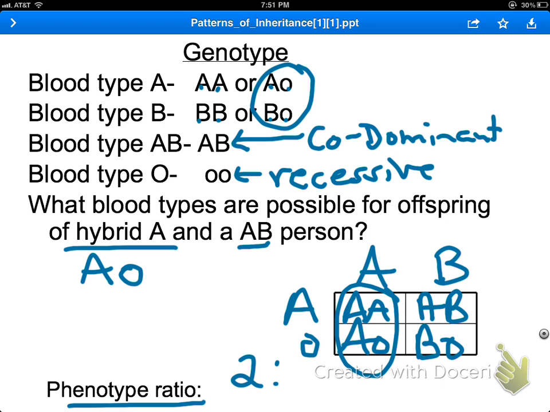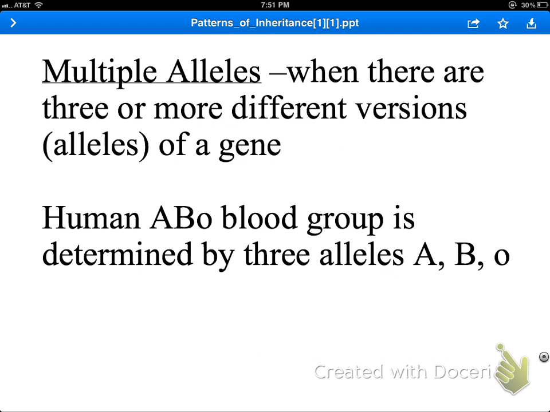If you look closely, both of these are designated as blood type A. I also have over here a blood type AB, so that comes in 1. And I have a blood type B down here, which would be a 1 as well. So the ratio here is 2 to 1 to 1. This is a case of multiple alleles because for blood typing you can inherit 3 different alleles, A, B, or O.